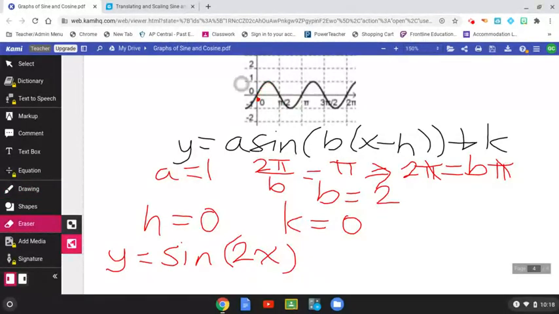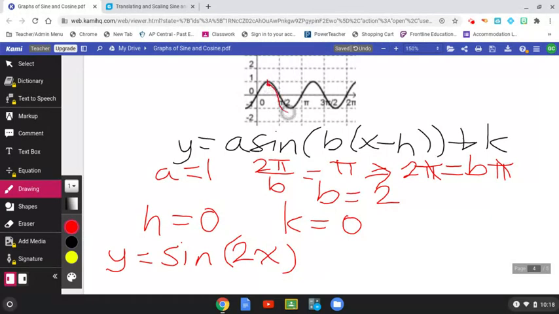So if I were writing the equation for cosine, I would look at the graph and try to locate one period of cosine. And so I'm seeing that one period right here. And so this would be from pi over 4 to 5 pi over 4.